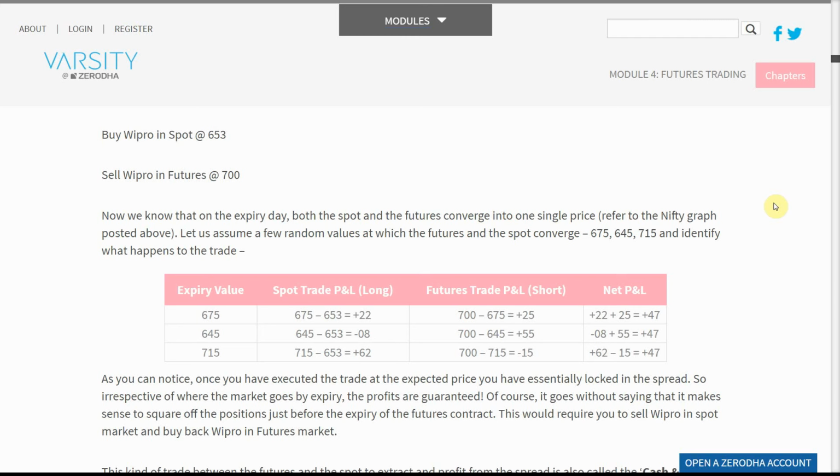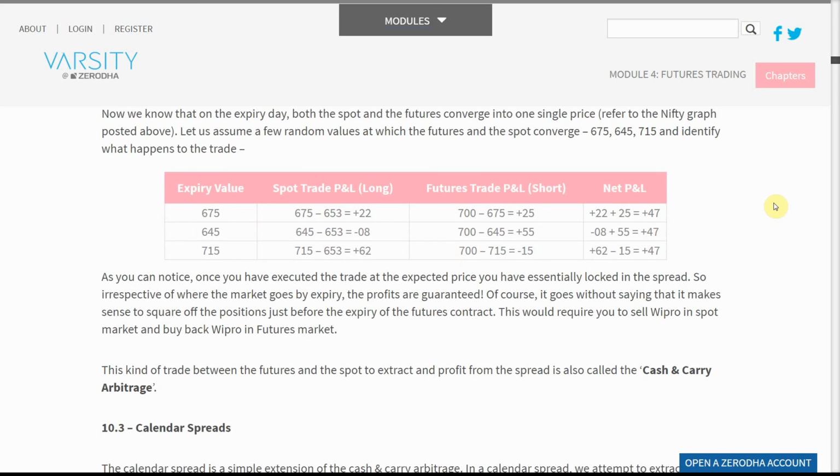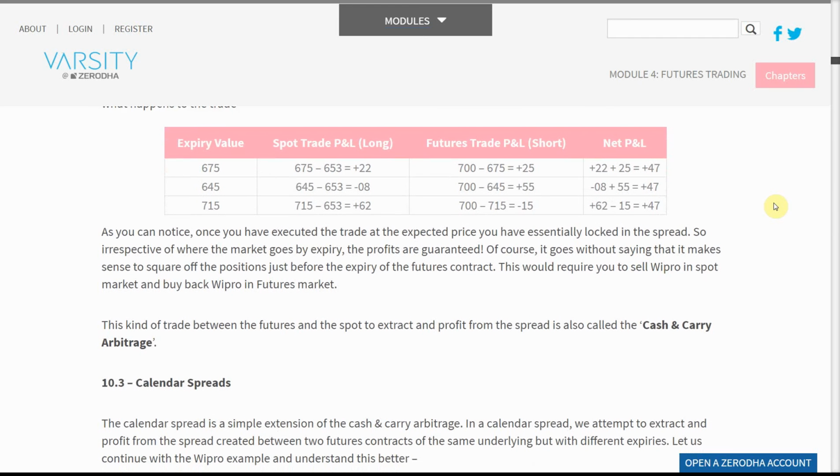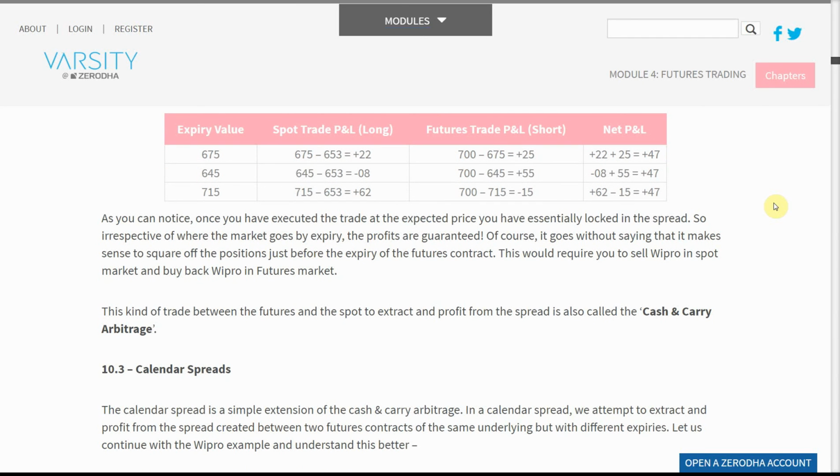Expiry value, spot trade P&L (long), futures trade P&L (short), net P&L. 675: 675 - 653 equals plus 22, 700 - 675 equals plus 25, 22 plus 25 equals plus 47. 645: 645 - 653 equals minus 8, 700 - 645 equals plus 55, minus 8 plus 55 equals plus 47. 715: 715 - 653 equals plus 62, 700 - 715 equals minus 15, 62 minus 15 equals plus 47.